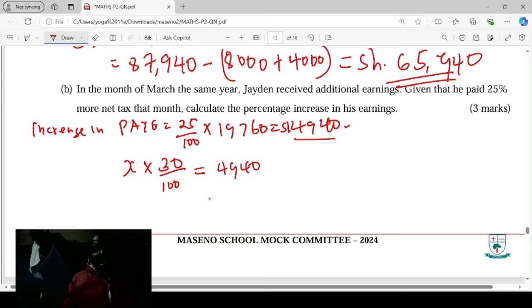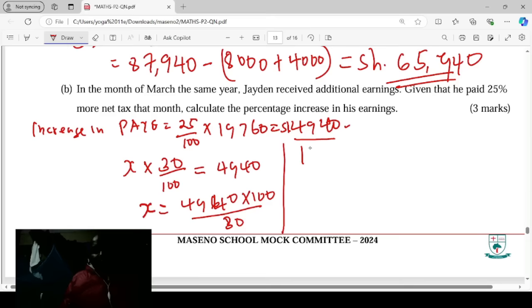So x itakuwa ni 4,940 times 100 divided by 30. Na hii inatupea 16,466.67. So this is the amount which will increase.